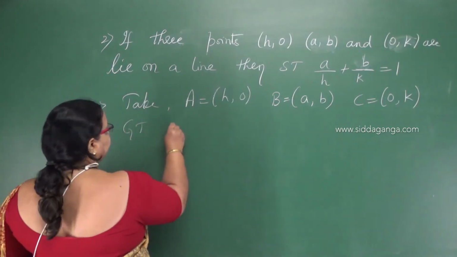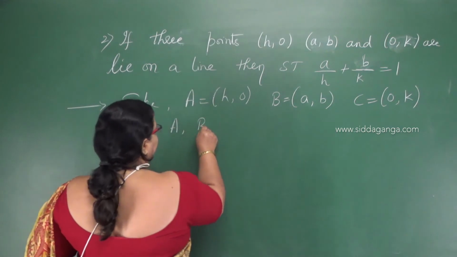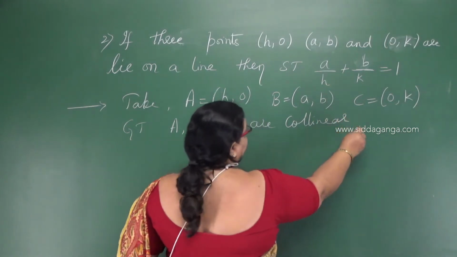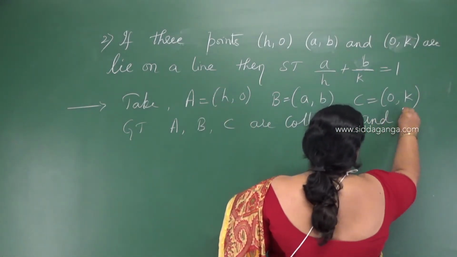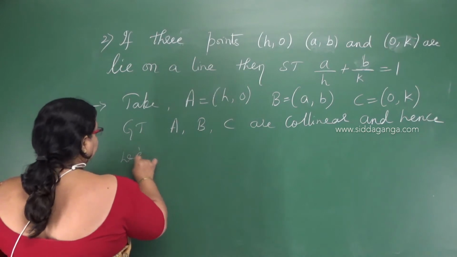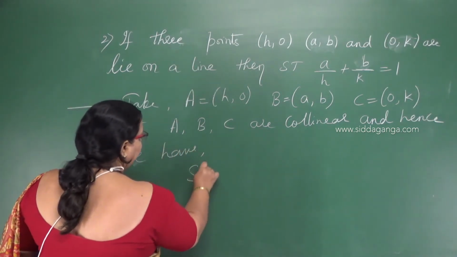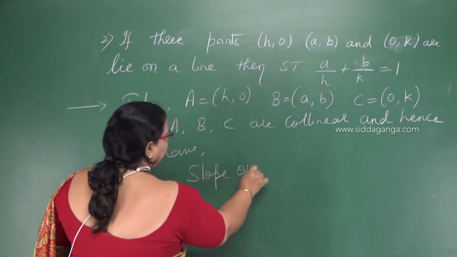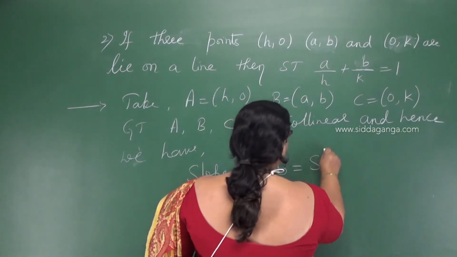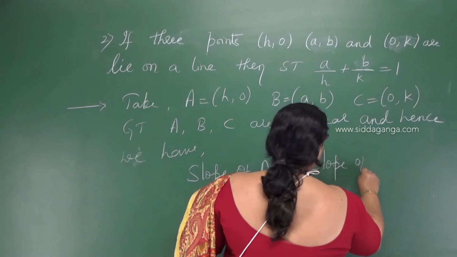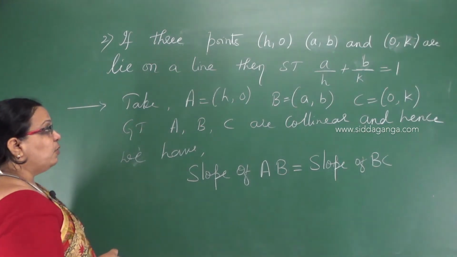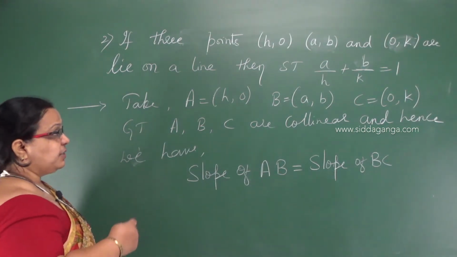Given that A, B, C are collinear, and hence we have slope of AB equal to slope of BC, or slope of AC can also be taken.